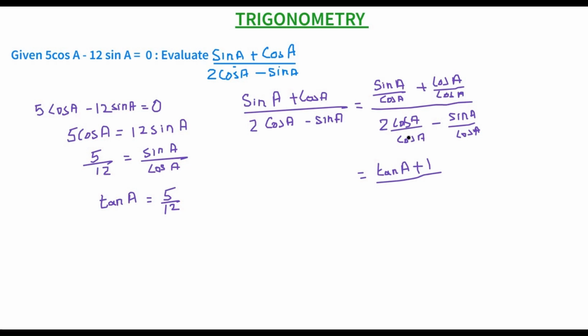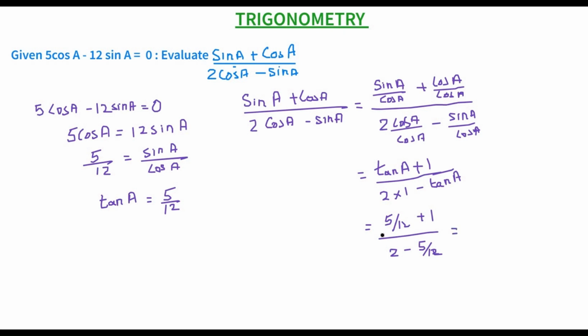Now 2 cos A by cos A, cos A by cos A is again 1, so I will write it as 2 times 1, minus sin A by cos A, which becomes tan A. Sin A by cos A is always tan A. Now, as we know, the value of tan A is 5 by 12, so let me apply the value. This is 5 by 12 plus 1, over 2 times 1 which is 2, minus 5 by 12.